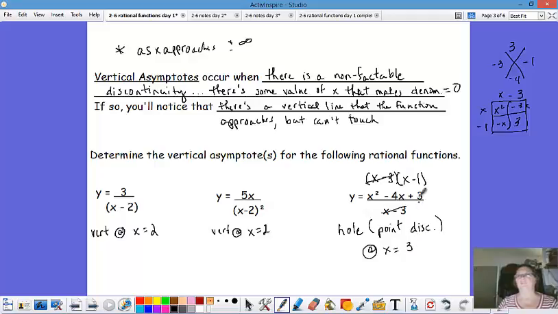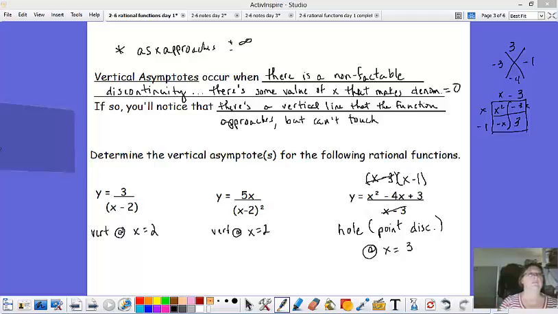I want to show that to you on the graph because you may be surprised by what this function looks like. Quadratic divided by binomial, and we think quadratic, we think parabola. This is not going to look like that. This is going to have the appearance of what's left after you cancel or divide out that x minus 3 quantity. Let's look at that real quickly.